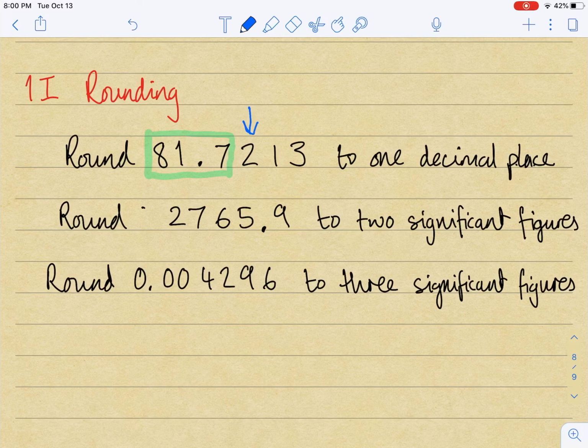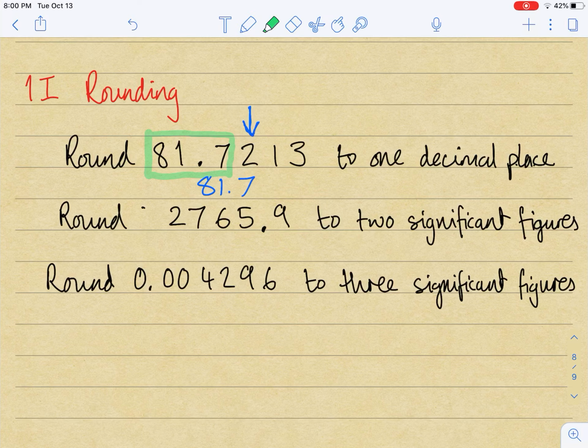If it's 0, 1, 2, 3, 4, we leave the values alone, and in this case we just get 81.7. If that was 5, 6, 7, 8, or 9, the number I'm pointing at, then we would round up. And 817 would become 818. You just bump it up by 1.